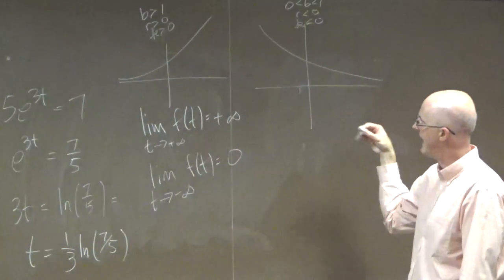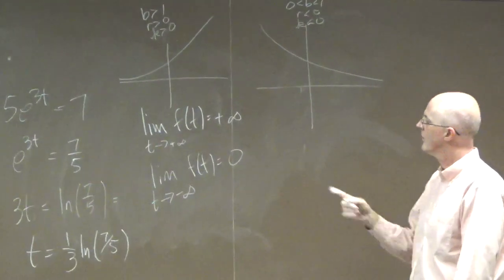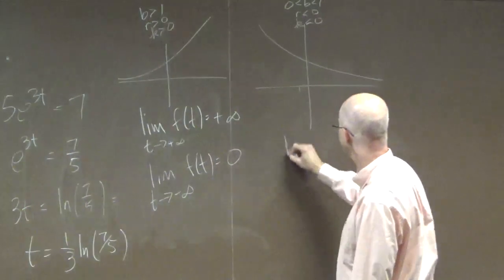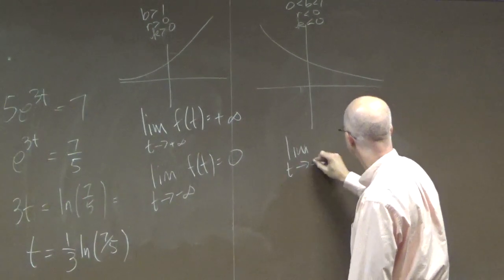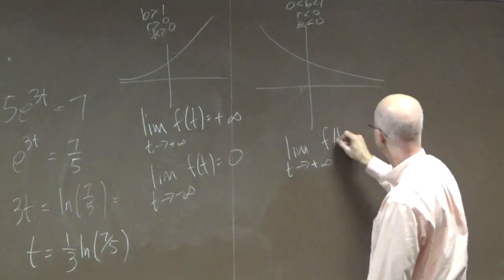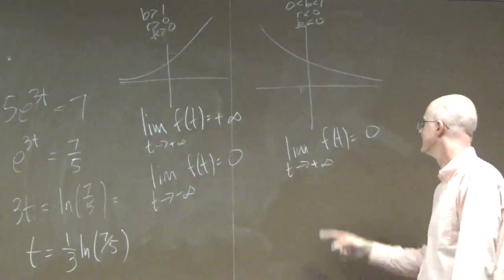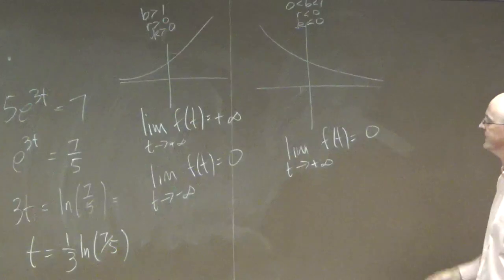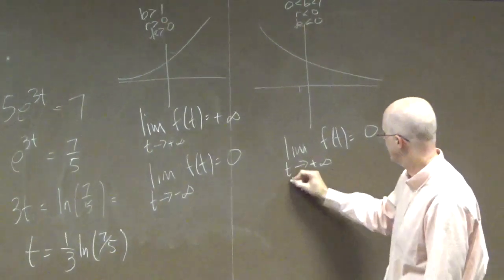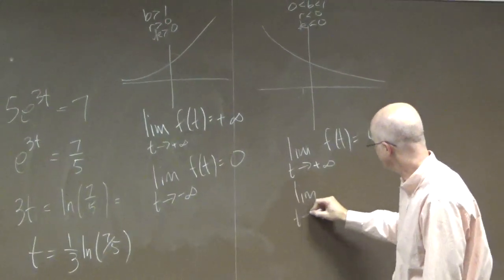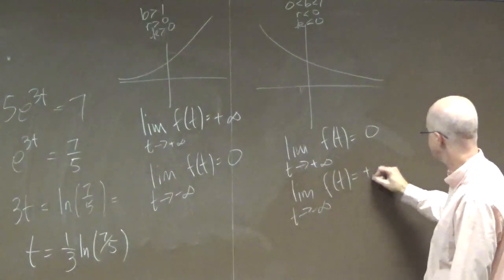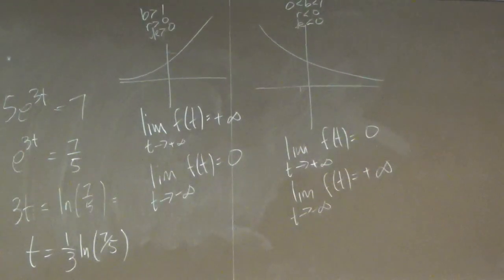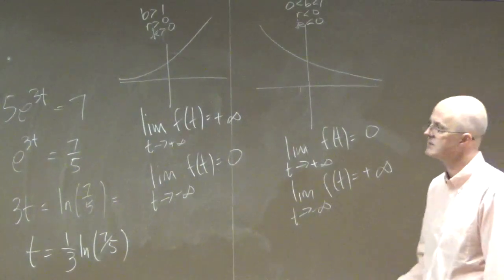Horizontal asymptote at y equals 0 when t goes to minus infinity. And for exponential decay, it's this right-hand limit as well. As t goes to plus infinity, I should say, that's 0. And the one as t goes to minus infinity is plus infinity. That's what I mean by knowing the limits. Then the graphs are also continuous and smooth.